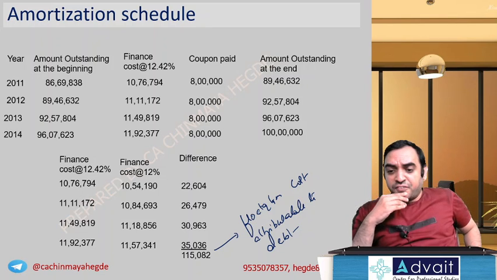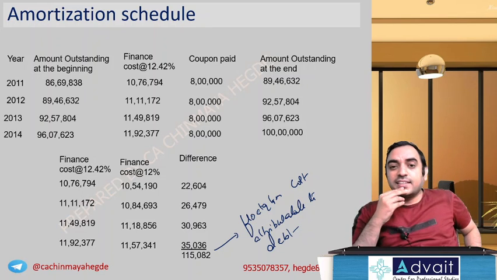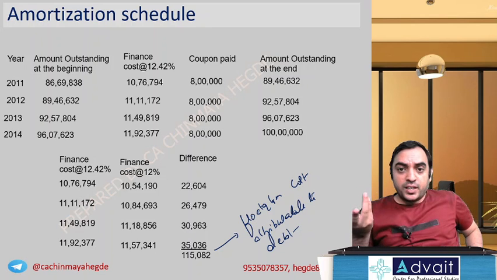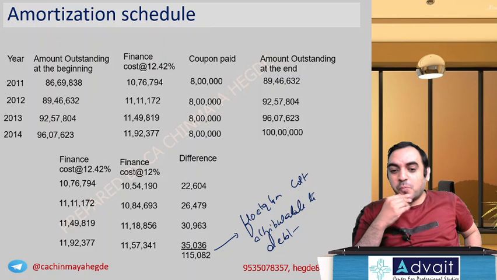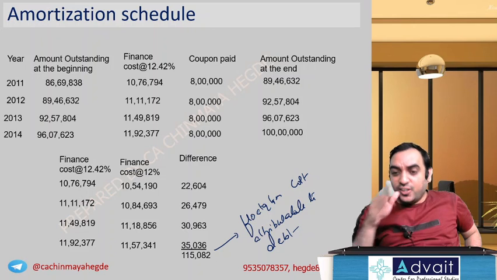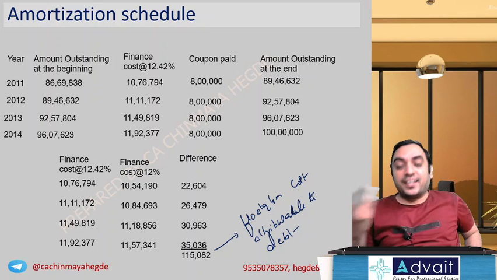Will there be any deferred tax impact on the books of the issuer? Definitely. Wherever there is a difference between the income tax treatment and accounting treatment, for every line item there will be a difference. But we don't discuss it here because you are not recognizing any deferred tax here. You will recognize the deferred tax separately.